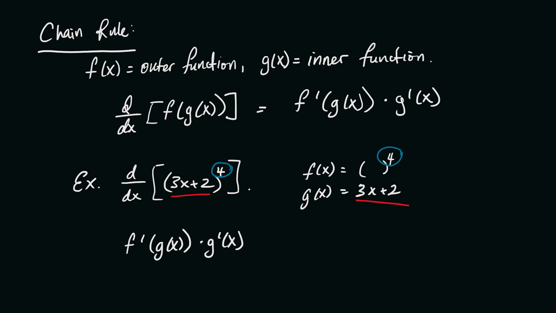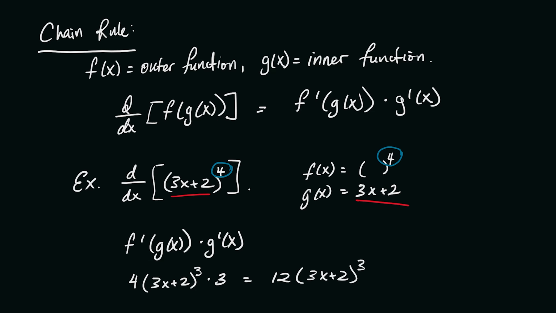The derivative of x to the 4th is 4x cubed. So 4 times the inner function, 3x plus 2 to the cubed, times g prime of x, which is the derivative of 3x plus 2, just 3. And that simplifies to 12 times 3x plus 2 to the 3rd power.